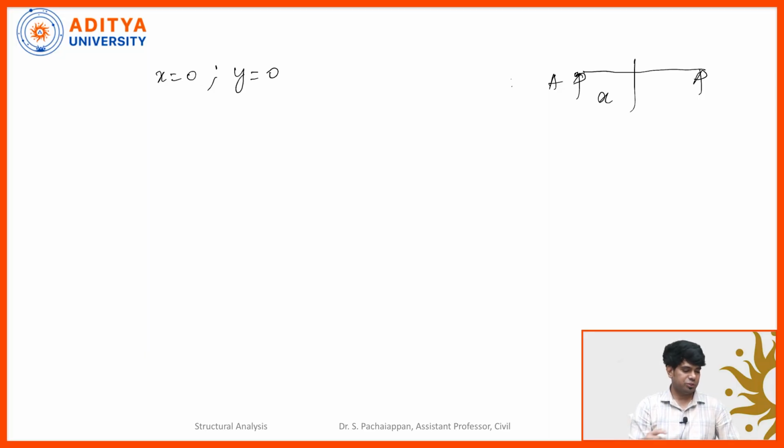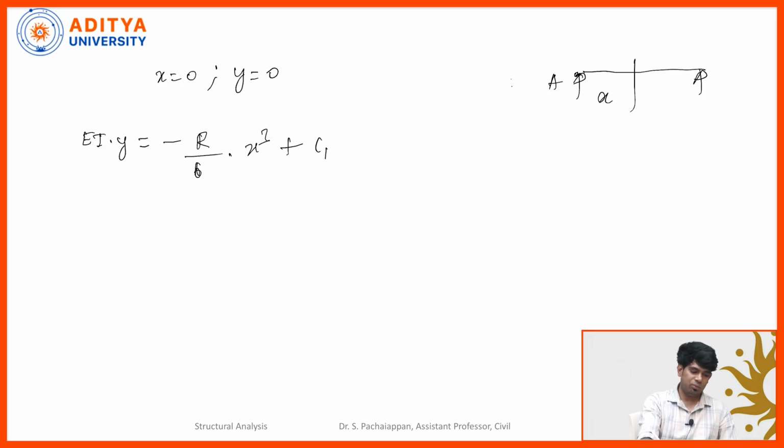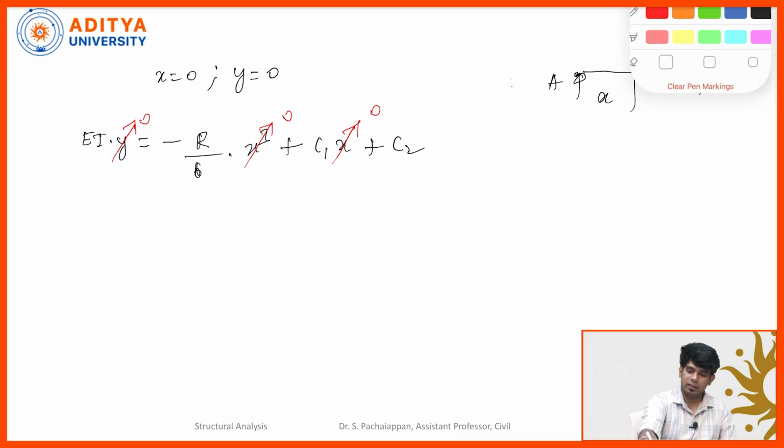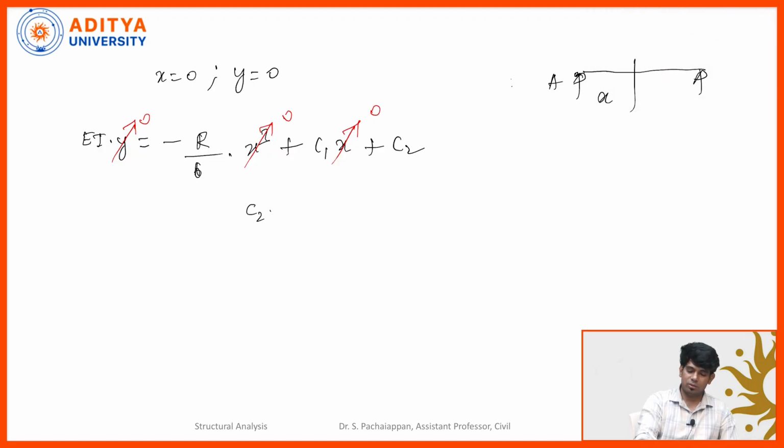Write the equation EI y equal to minus of R by 6 into x cube plus C1 x plus C2. Wherever x is there, we put 0, and also y is 0, so the first term is 0, the second term is 0. So we get C2 equal to 0.